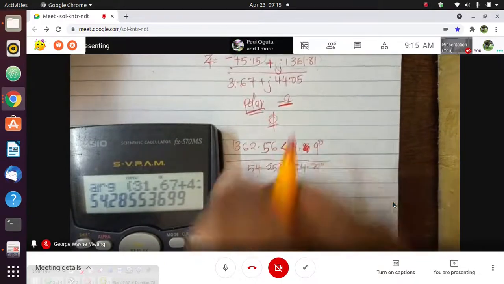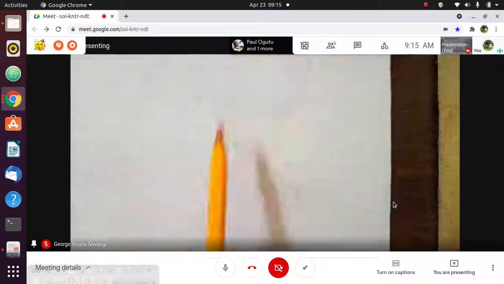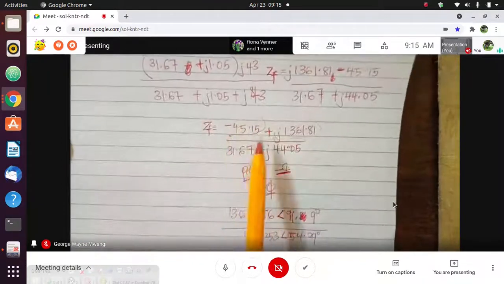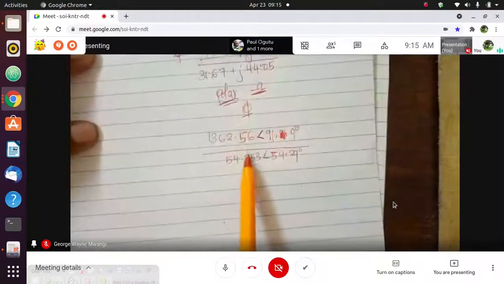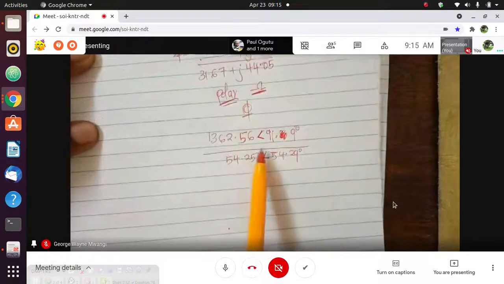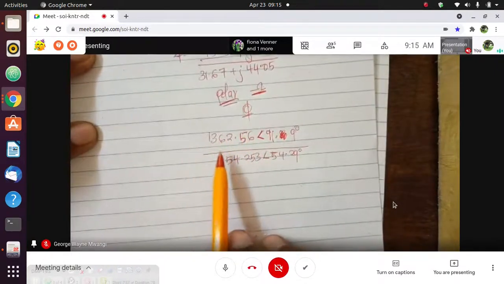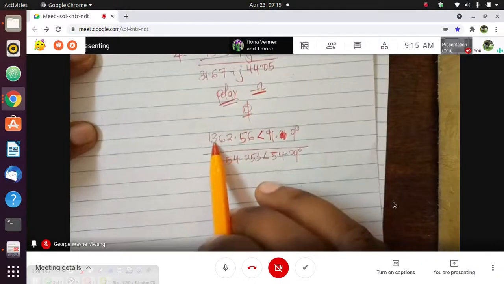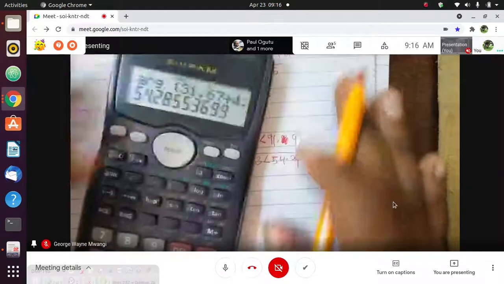Now, when it was in its complex form, we could not have divided the numerator and the denominator, but when it is in polar form, we have real values. So it is now possible to take 1362.56 divided by 54.253.